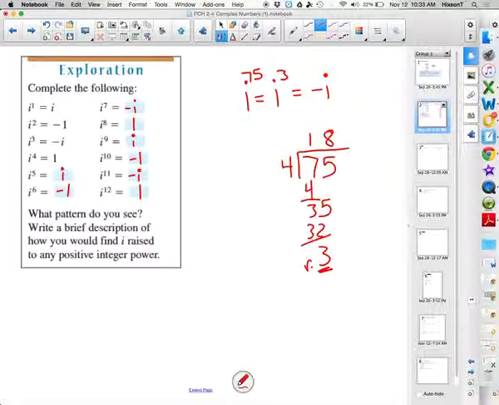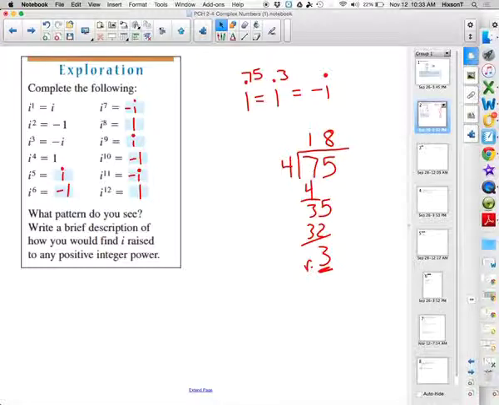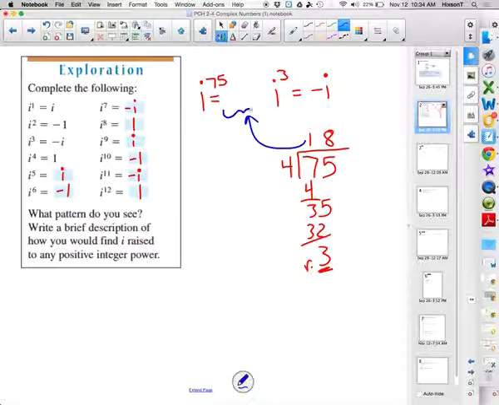Now, you might say, well, what's with the 18? What does that stand for? Well, that means there are 18 sets of 4 that we could have put together. Between the i to the 75th and this, there are actually i to the 4th times i to the 4th times i to the 4th times i to the 4th, 18 times.